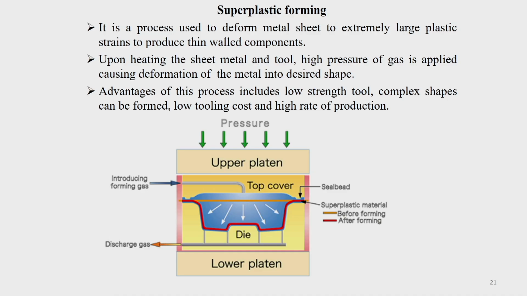A small area gets extended to more than 1000 percent. That is what is called superplasticity, and the process of deforming under superplastic conditions to get a shape with a large amount of strain is called superplastic forming.